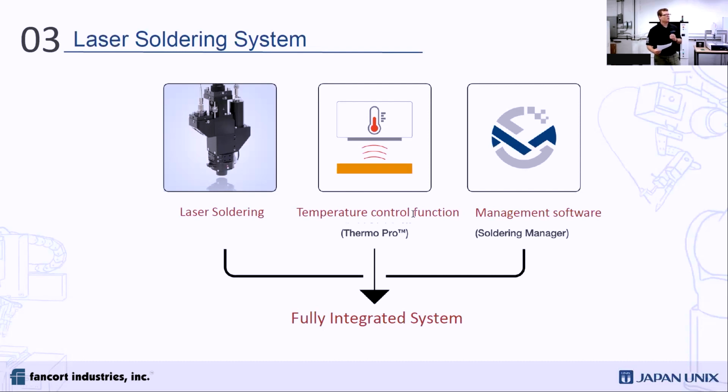Also part of a fully integrated system would be the soldering management software that Japan Unix offers, which can control, or at least monitor, features such as wattage that's being put out, temperature, and also solder feed.